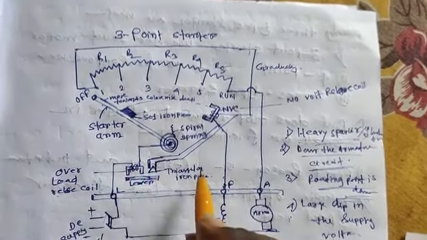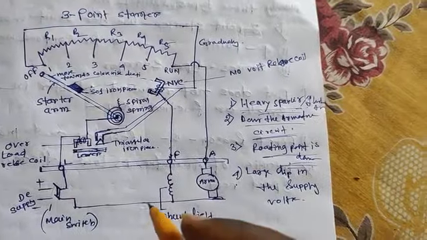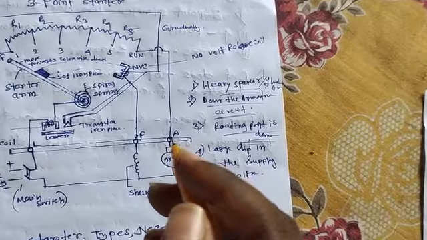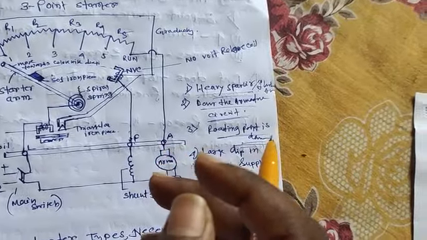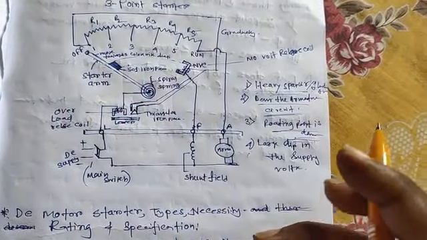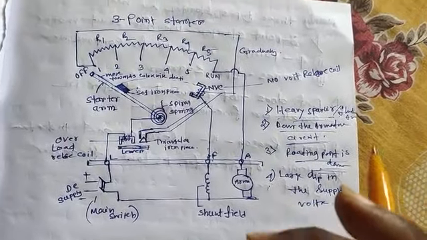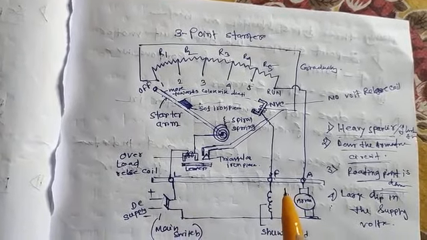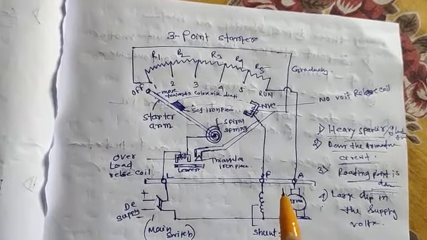In this video we see why a DC motor starter is used and what types of DC motor starter are used. Please see the next video for the types of DC motor starters and their construction and working principle. Okay, thank you.